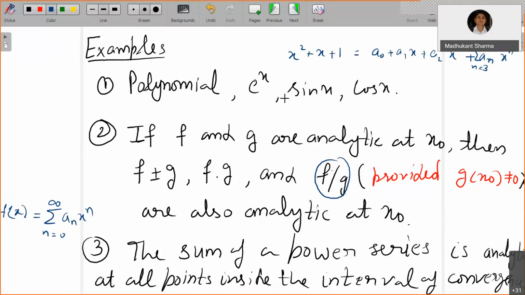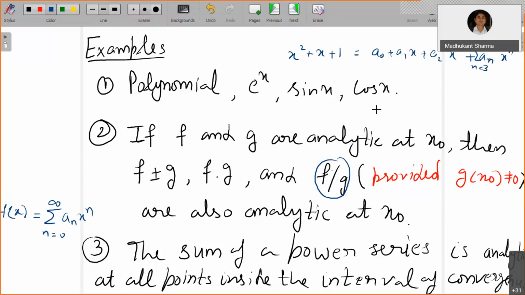Only for e power x, sin x and cos x you may be familiar. At the most you have tan x, sine hyperbolic, cos hyperbolic, and so on. They are the familiar functions for which it is easy to recognize the corresponding power series.